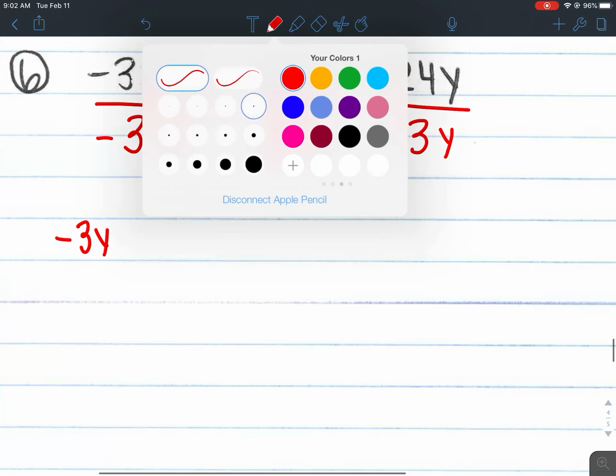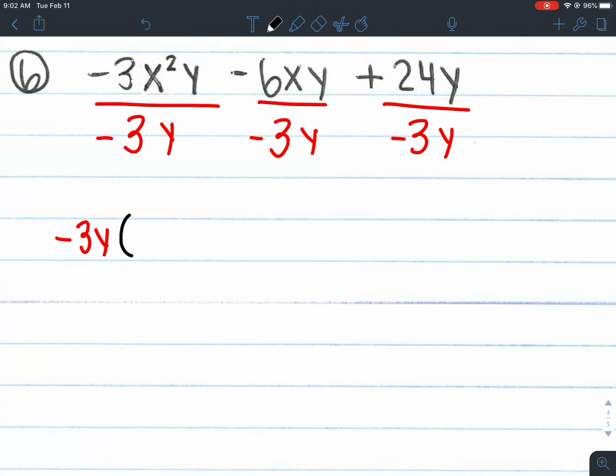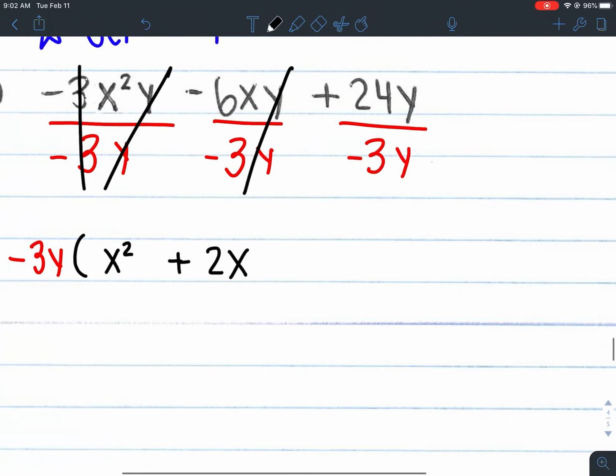Okay. Now, if I take out negative 3y, what do I have left on this inside? Well, negative 3 divided by negative 3 is just 1, so they cancel. I still have the x squared left because I never took out any x's, and then the y's end up canceling each other. Negative 6 divided by negative 3 is going to be positive 2, and then the x is going to stay because I didn't take any out, and these y's end up canceling.